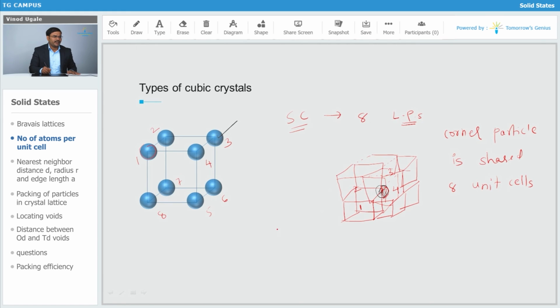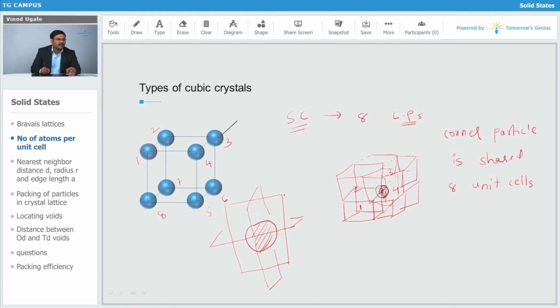So if there are 8 unit cells, let me draw that sphere, that particle over here. One unit cell, the face of one unit cell is like this, it is going to have a cut like this, okay. Then another one we are going to have like this. So in these planes that particle is going to have the cut, and obviously the horizontal one also. So in this manner that particle is going to get cut or shared in the cubic unit cells.